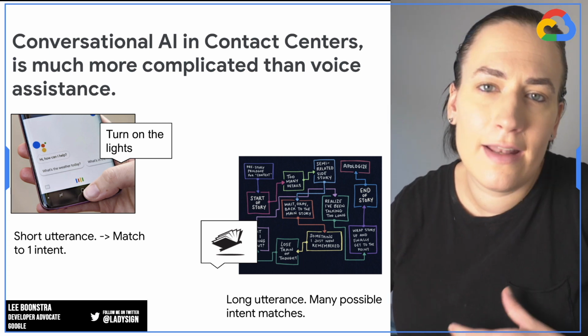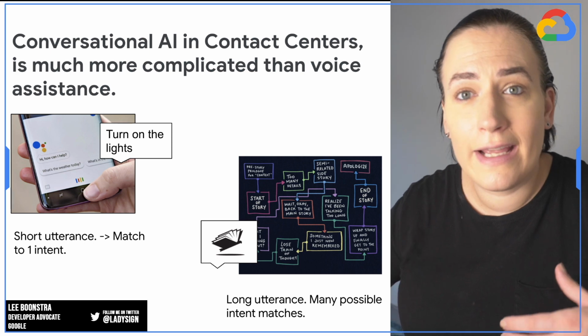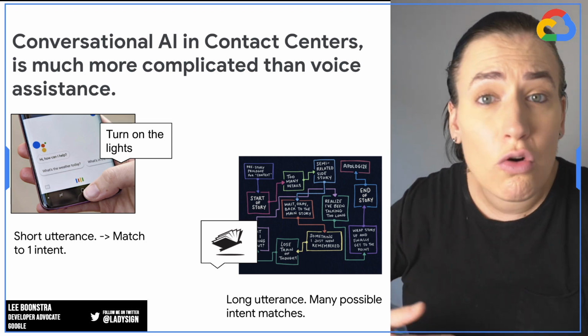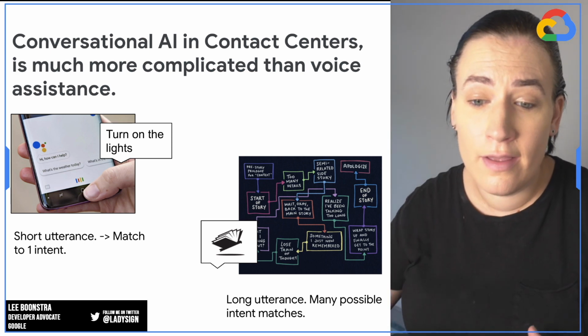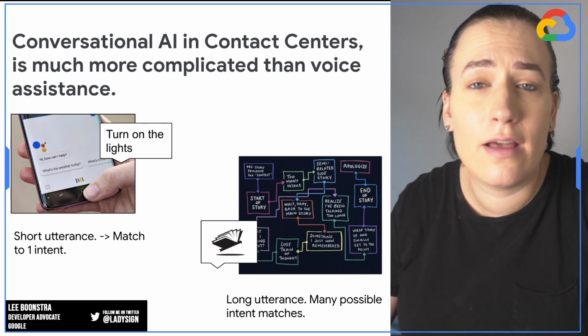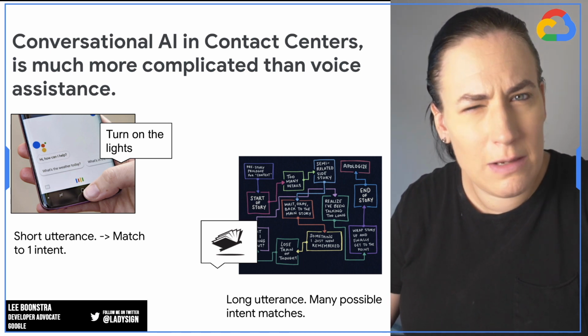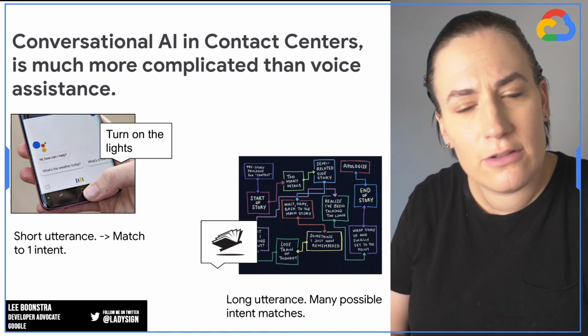But when you enable a virtual agent in a contact center, a user can tell a whole story that is 10 minutes long. There are many possible intents, but what is the real question the user asks and what should you answer? You can imagine that's already complicated.